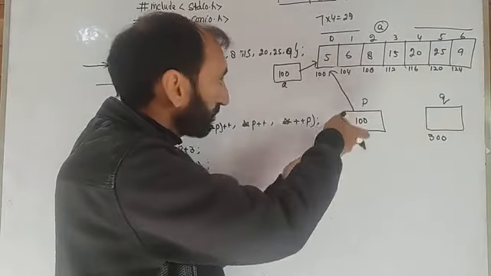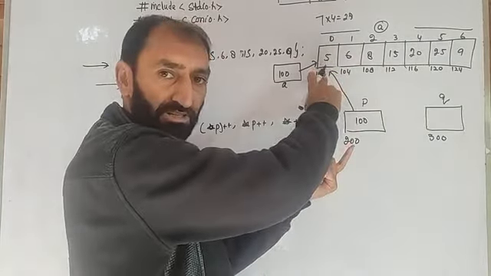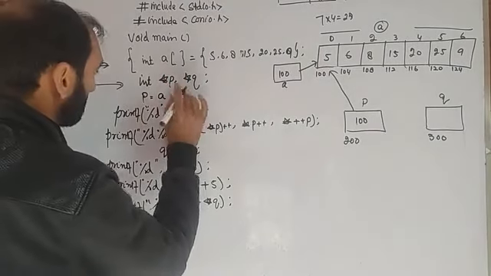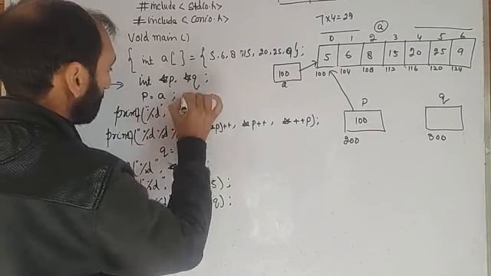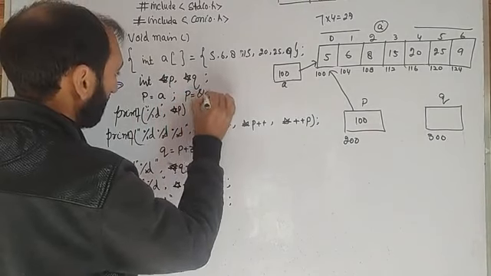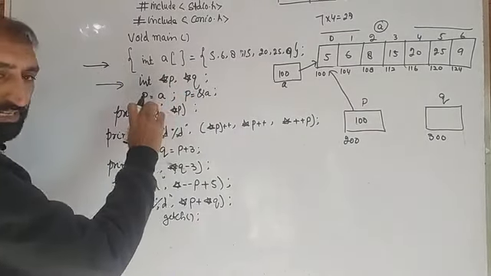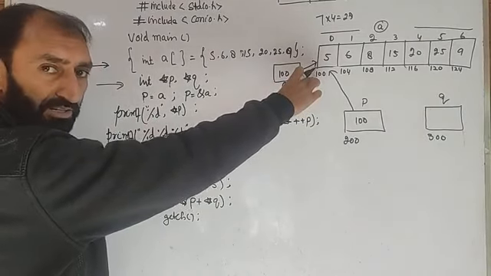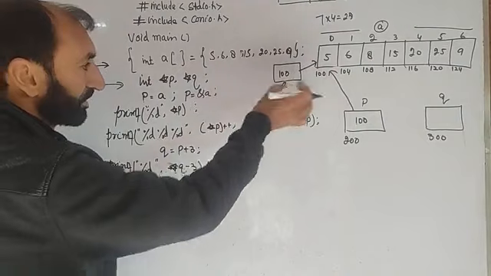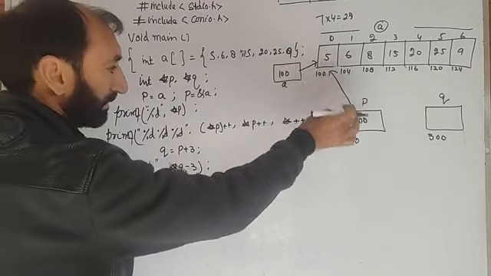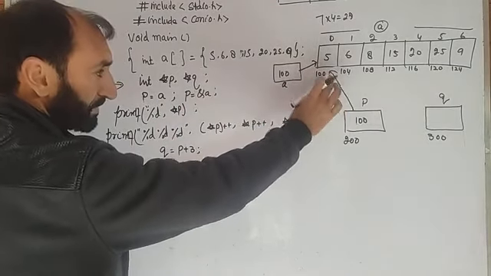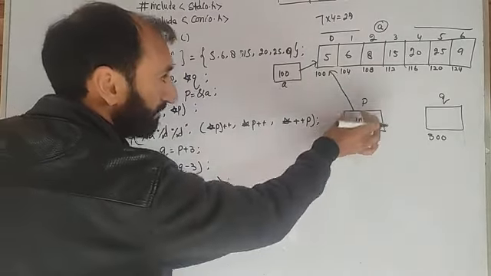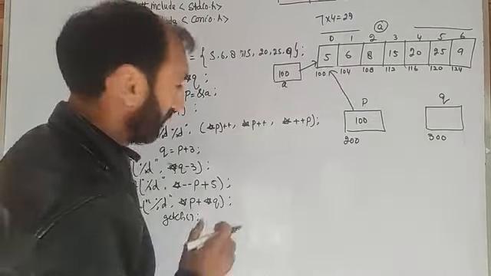This can also be done with initialization as P equal to address of A. This and this are the same. What is the address of A? Address of A is 100. Actually, this returns the address of the first byte of the memory. That 100 is going to be stored in the pointer P. That means P points to this first location. Okay.